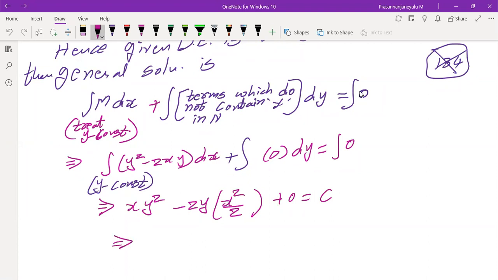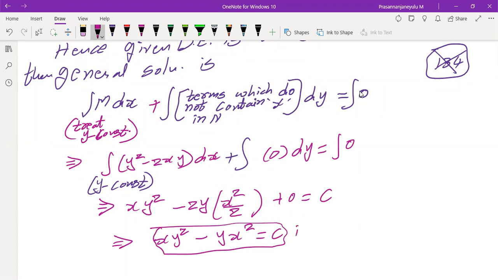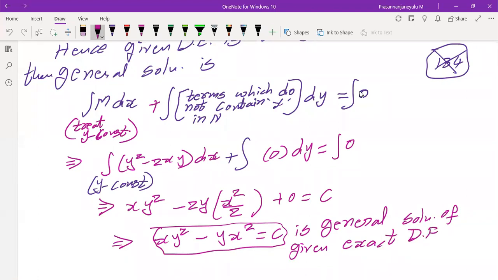That implies x y square minus y x square is equals to c is the general solution of the given exact differential equation. Okay, clear students to all?